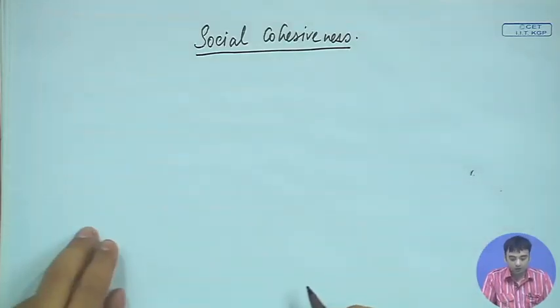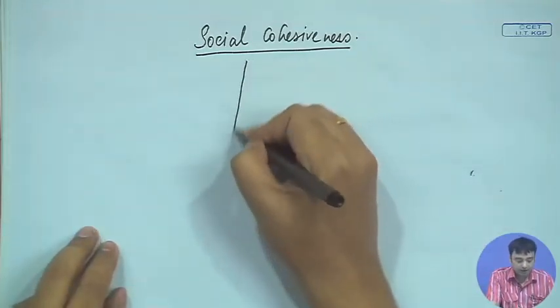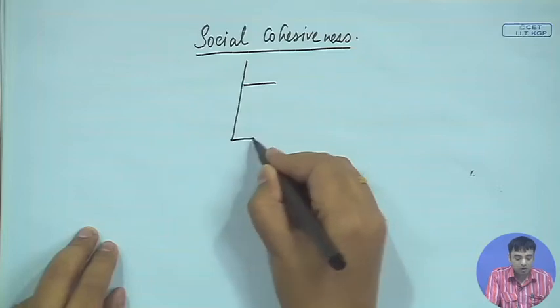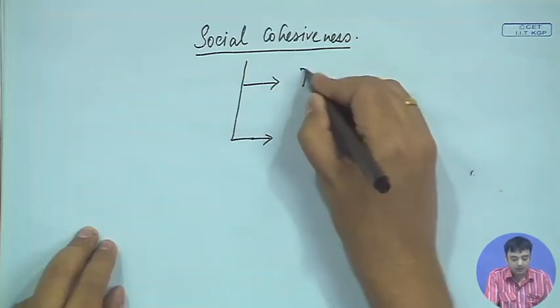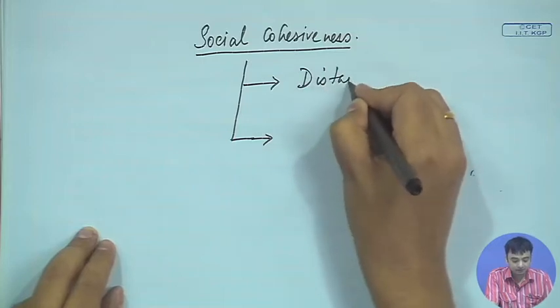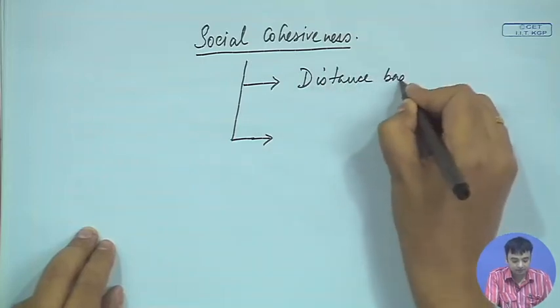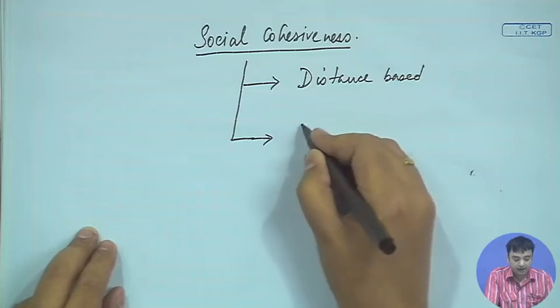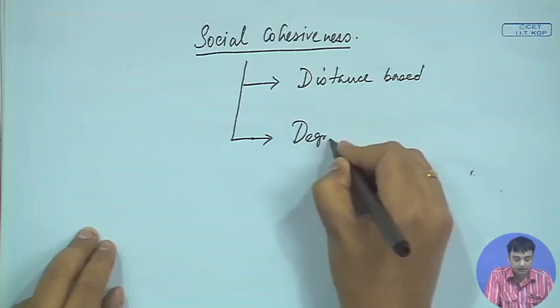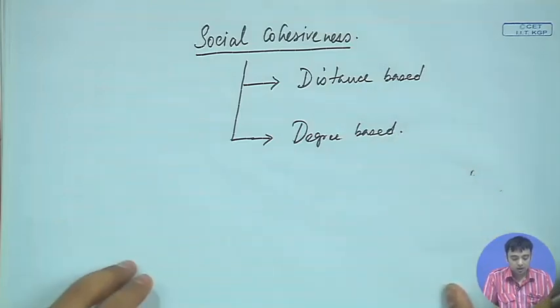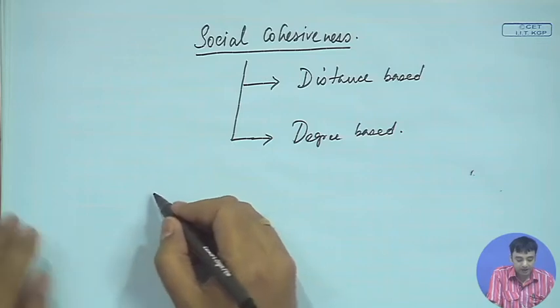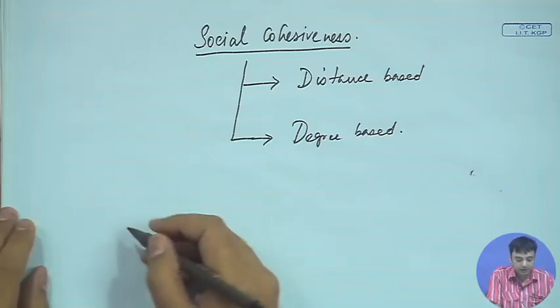Now, social cohesiveness can be defined in broadly two different ways. One class is distance based, whereas the other class is degree based. So, we will start off with distance based measures and then we will slowly go into degree based measures.